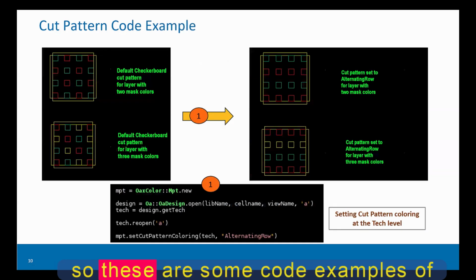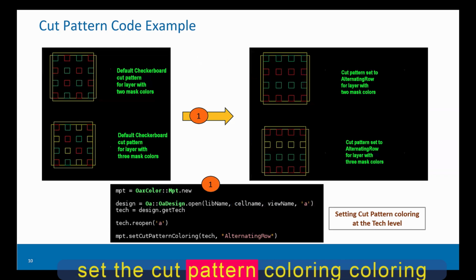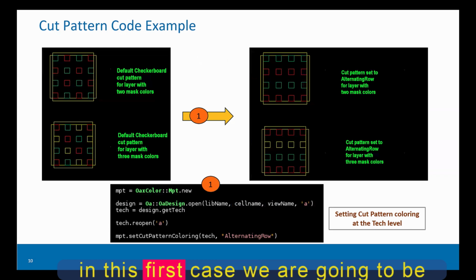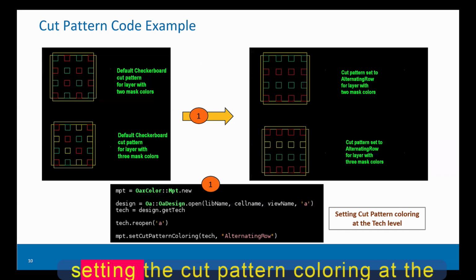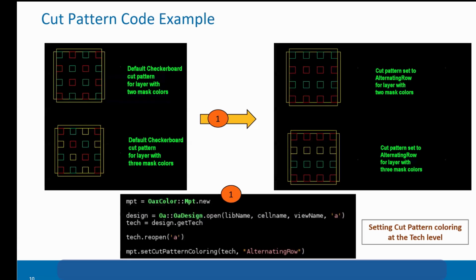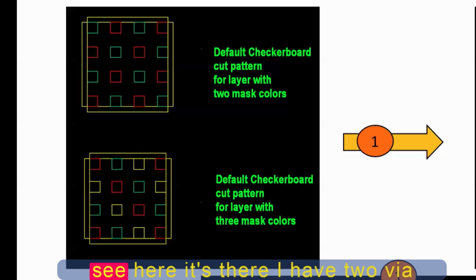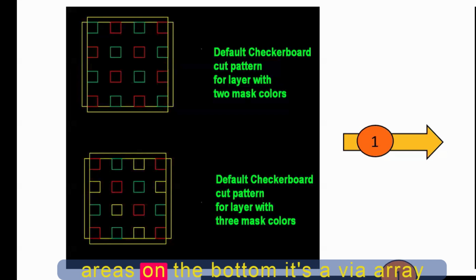These are some code examples of how the API can be used to set the cut pattern coloring. In this first case, we are setting the cut pattern coloring at the technology level. On the leftmost screenshot, I have two via arrays.